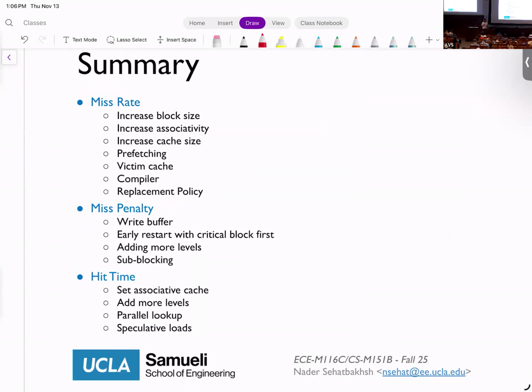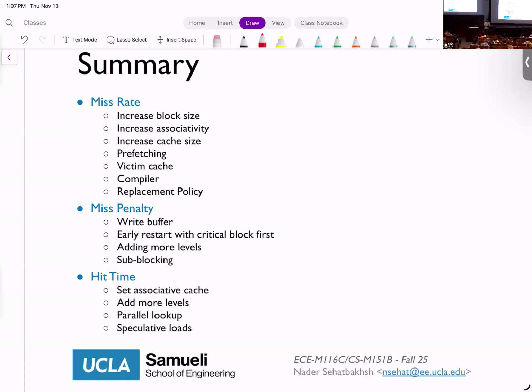For miss rate, we talked about block sizes, associativity, cache sizes, prefetching, victim cache, compiler, and replacement policy. For miss penalty, you use write buffers, you use early restart with critical block first, you add more layers, and you introduce sub blocking.